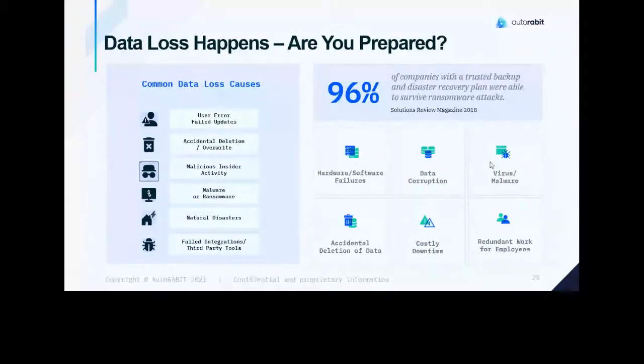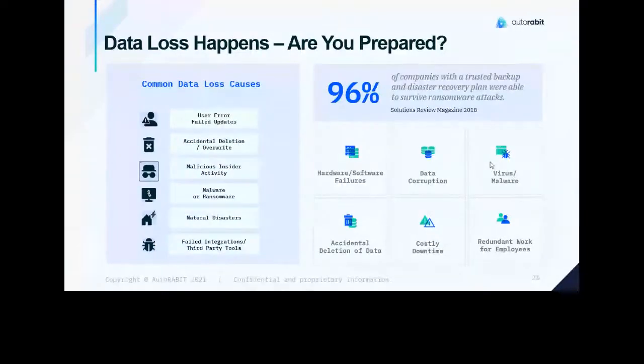And there could be problems related to hardware or software failures, data corruption, virus or malware, accidental deletion of data, costly downtimes. Because companies have to pay a lot of time, a lot of money or penalties to compliance authorities for the downtime sometimes, or it could affect their revenues very much.